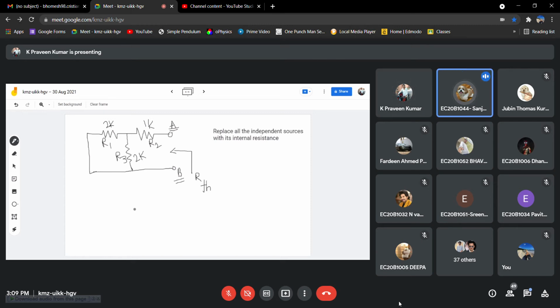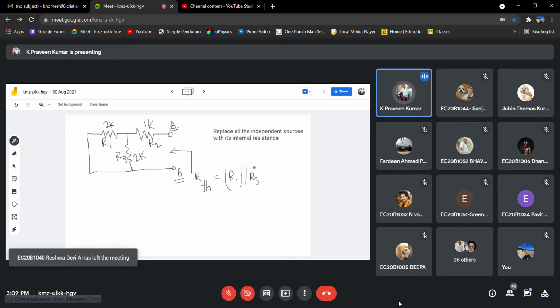Sir, R1 and R3 are in parallel, and for the effective resistance, R2 is in series with them. Yes, R1 parallel R3, and this entire resistance is in series with R2. Is it clear? Any doubt how to calculate RTH?